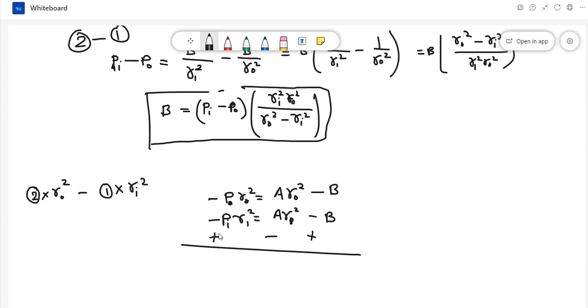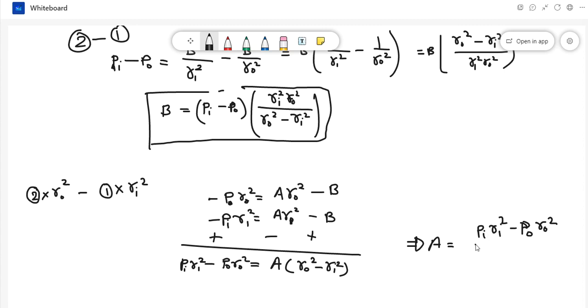Okay, so this become plus, so Pi Ri square minus P naught R naught square, and that equal to A, here B will get cancelled out, A you can take common, and R naught square is positive and Ri square will be negative, and from here I get A is equal to Pi Ri square minus P naught R naught square divided by R naught square minus Ri square.